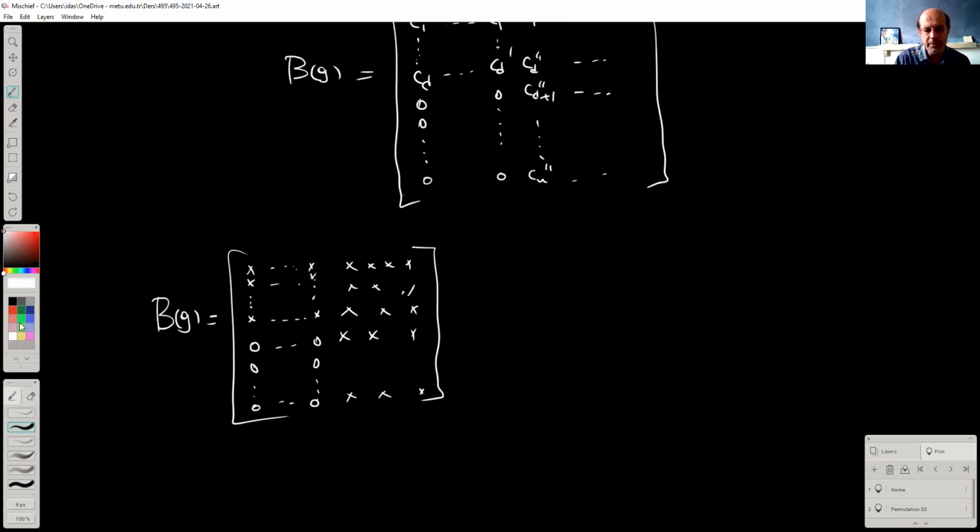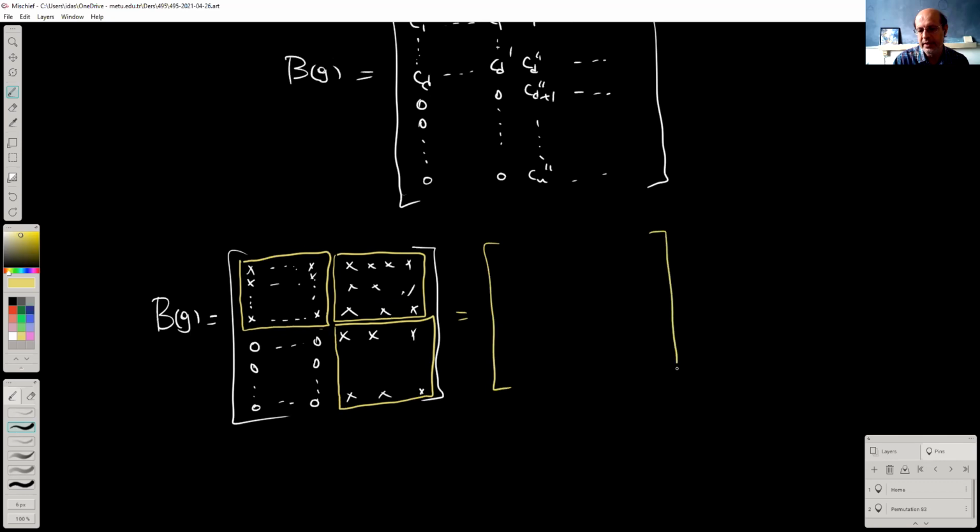This is actually a very complicated way of writing this down, so let me simplify it. There's a block in here, which is a square matrix of size D. There is a block in here, which is also square. There's also another block in here, which is rectangular. This block is 0. The best thing I can do is to draw these pictures.